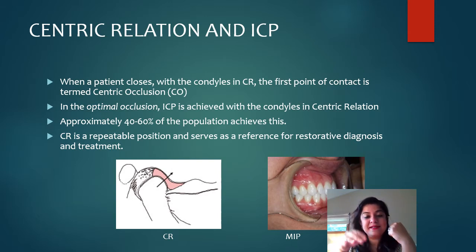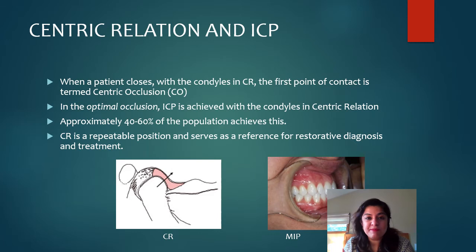This happens a lot in ortho: when the patient bites down, you'll see their bite is different. What I need you to understand is that 40 to 60% of people in the population have their centric occlusion and centric relation being the same.